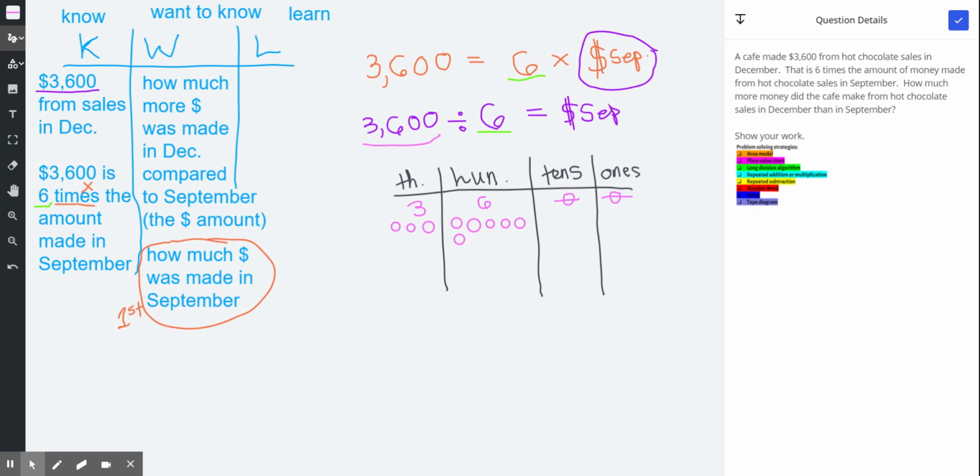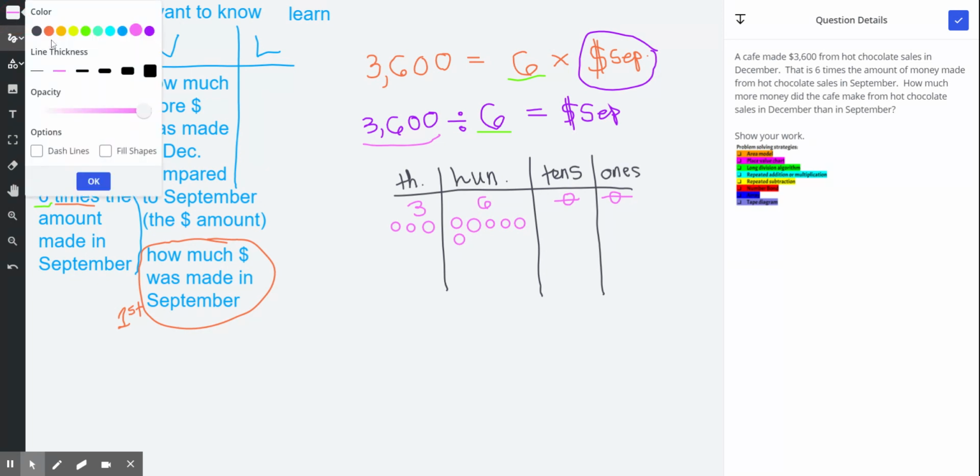Okay. Now the next step, which I'm sure we know, we're probably saying it out loud right now, is to create our rows. And the amount of rows we need is the same number as our divisor, and our divisor in this case is definitely 6.